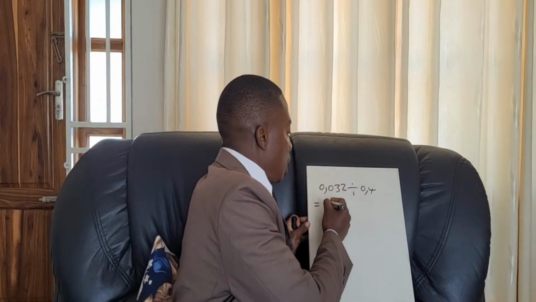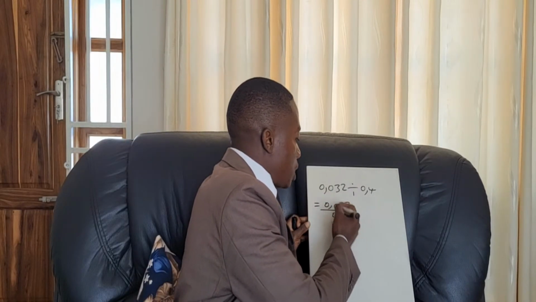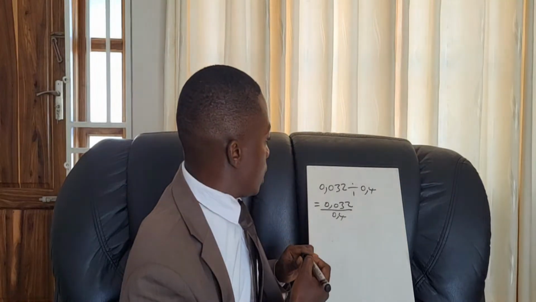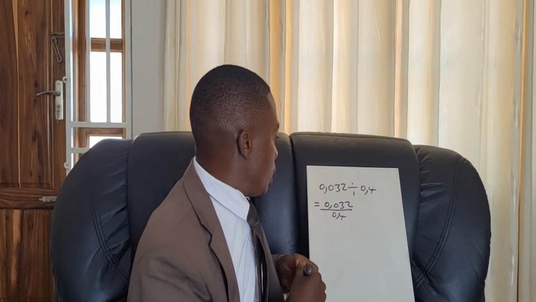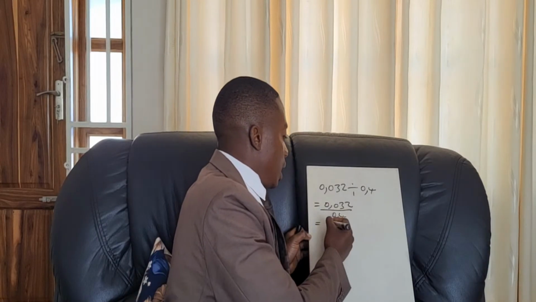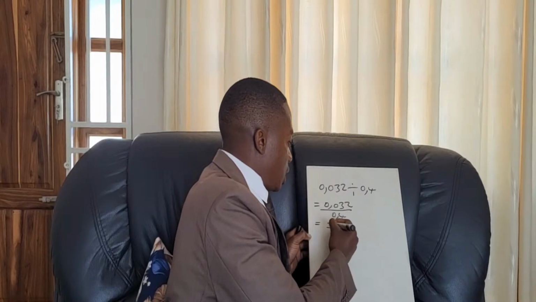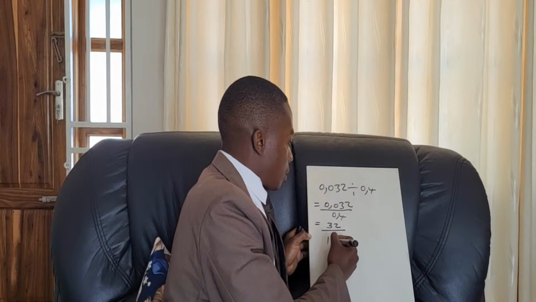They just said evaluate. So when you're evaluating, you're just going to evaluate, right? 0,032 over 0,4. This is the same as that. So what are you going to do here? For you not to have complications, you can write this as 32 over 1,000.